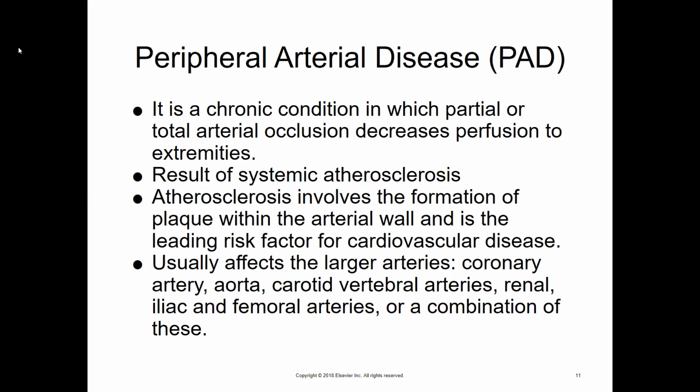You know that atherosclerosis is a formation of plaque in the arteries, made up of cholesterol, lipids, and proteins, which is the leading risk for cardiovascular disease. It usually affects the larger arteries: the coronary artery, the aorta, the renal, iliac, and femoral arteries, or it can be a combination of all of them.